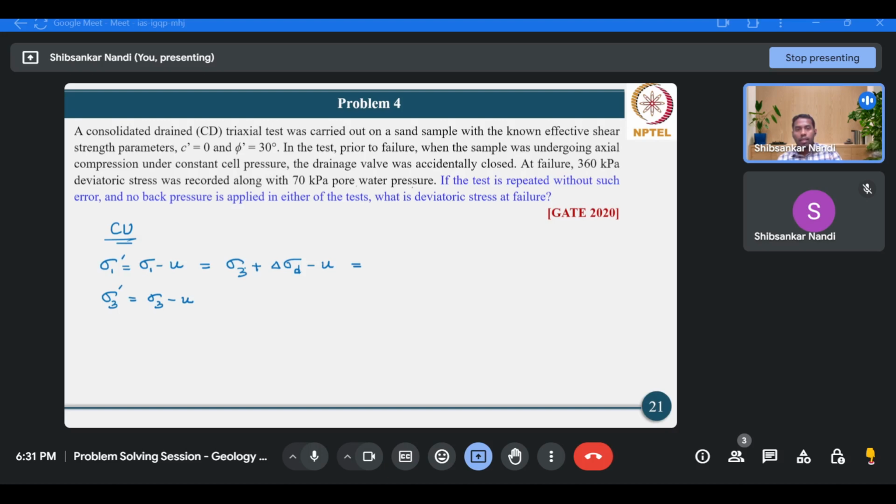However, this delta sigma is given as 360 kPa and the U value is given as 70 kPa. So we can substitute here.